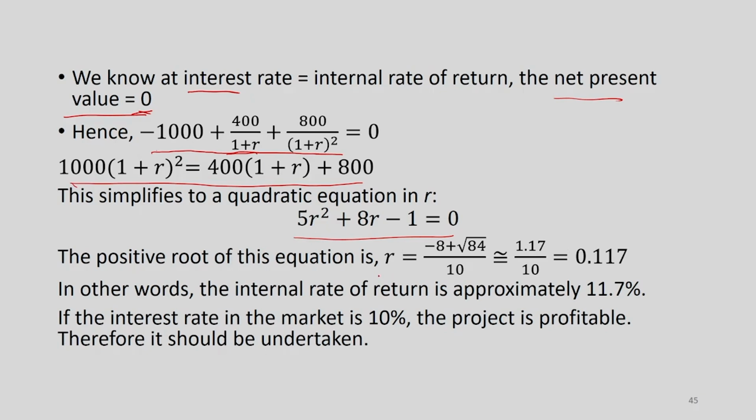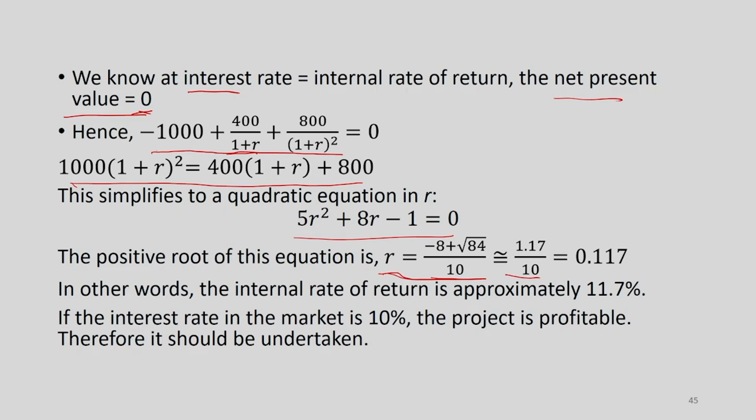So, we look at the positive root of R, and that can be found out by this formula, minus b plus root over b square minus 4ac divided by 2a, and that is turning out to be minus 8 plus root over 84 divided by 10, and I take the approximate value up to the second decimal place.